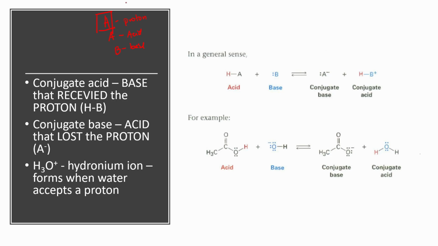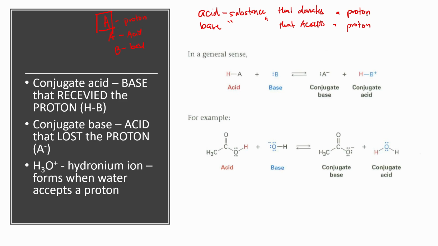Okay, so we have an acid and a base. In a general sense, an acid is a substance that donates a proton, while a base is a substance that accepts a proton.